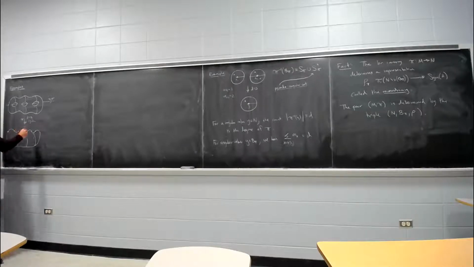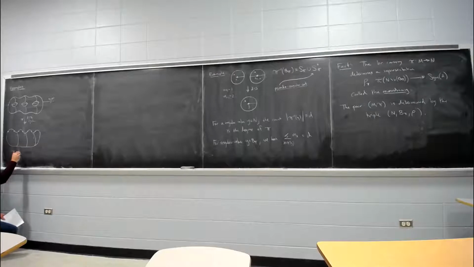So what we see is that we have a map pi from sigma g to the 2-sphere, a 2-to-1 branch covering, and the size of the branch locus is going to be, I guess, 2g plus 2. Is that right? Works in this example.